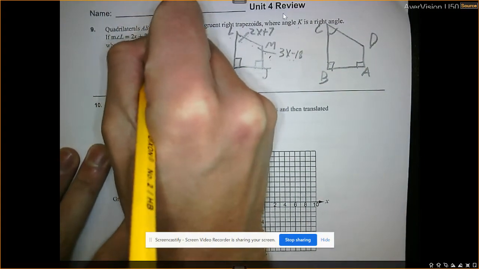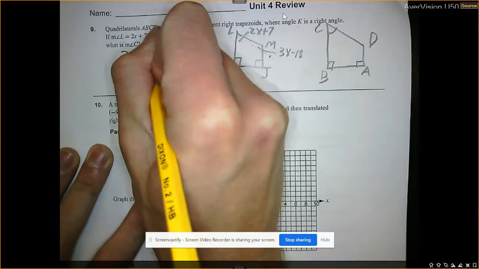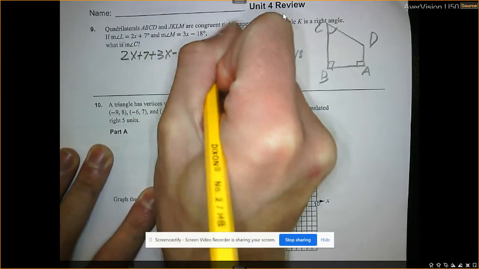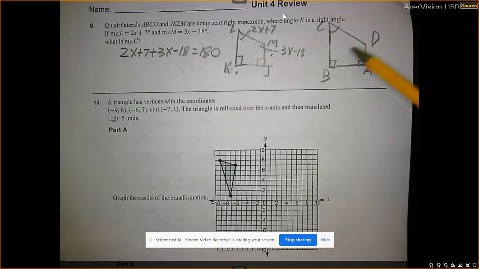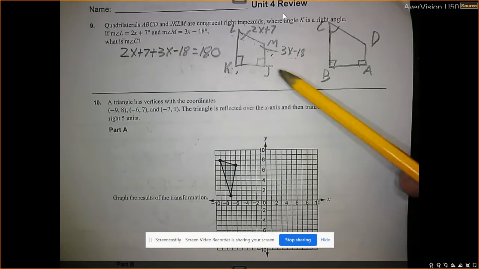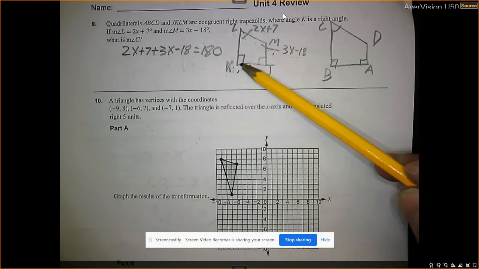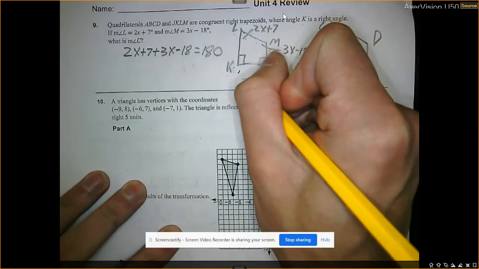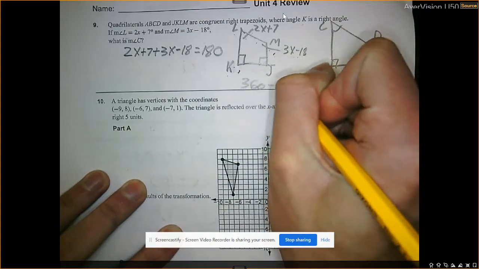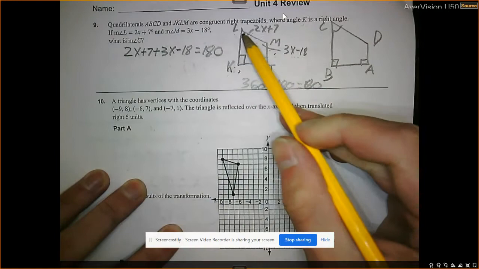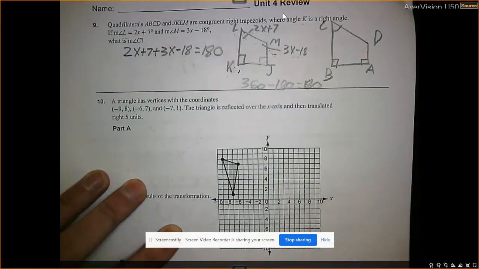So we have 2x plus 7 plus 3x minus 18 equals 180. Again, because all angles of a quadrilateral add to 360, and 90 plus 90 is 180, then 360 minus 180 equals 180. That means there are 180 degrees left over to go between these two.